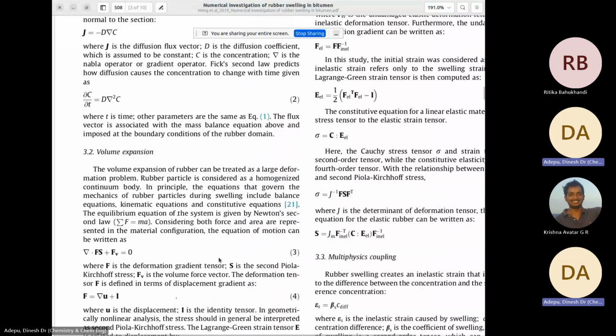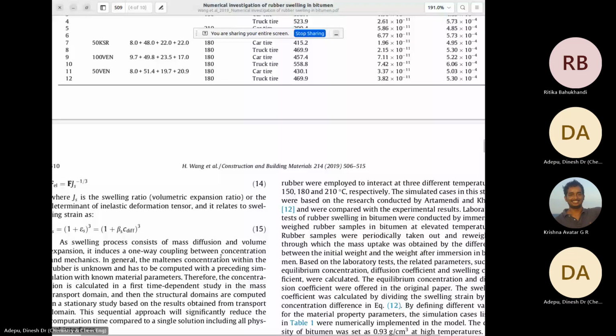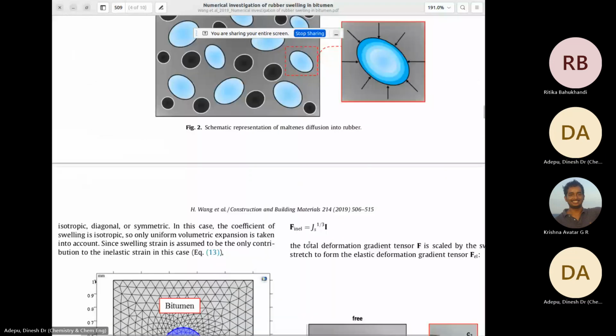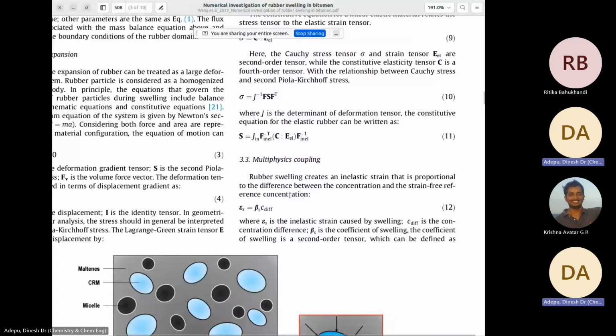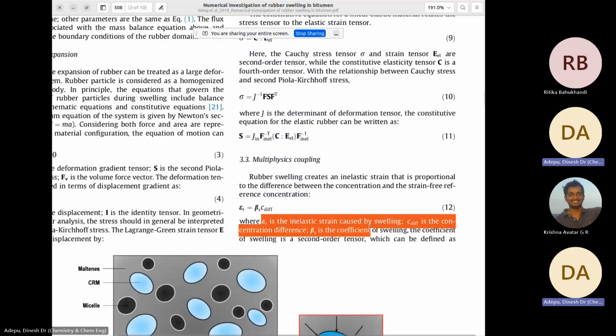Since you know the concentration C, you compute this epsilon S, the strain-free reference configuration. Epsilon S is the inelastic strain caused by swelling.